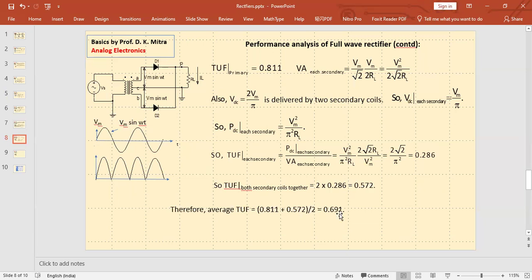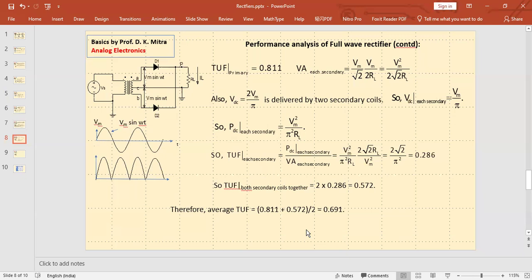That means transformer utilization factor of the rectifier is 0.691 or 69.1%. Remember, transformer utilization factor of the half-wave rectifier was only 28.6%. So, half-wave rectifier was really not so good, right?